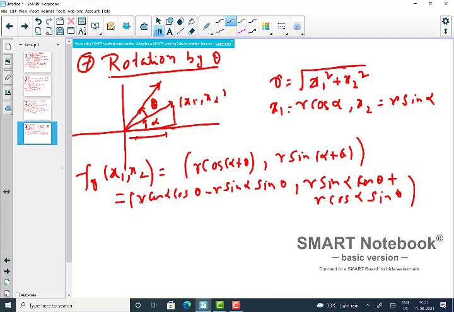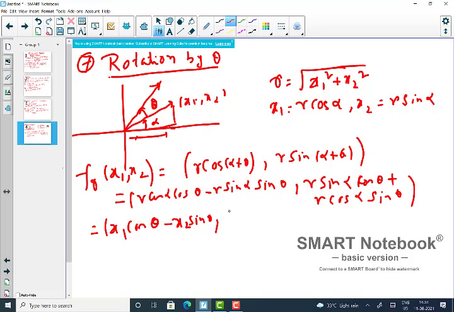But we already know that r cos alpha is nothing but x1 and r sin alpha is x2. So this will be x1 cos theta minus x2 sin theta. Okay, first coordinate.